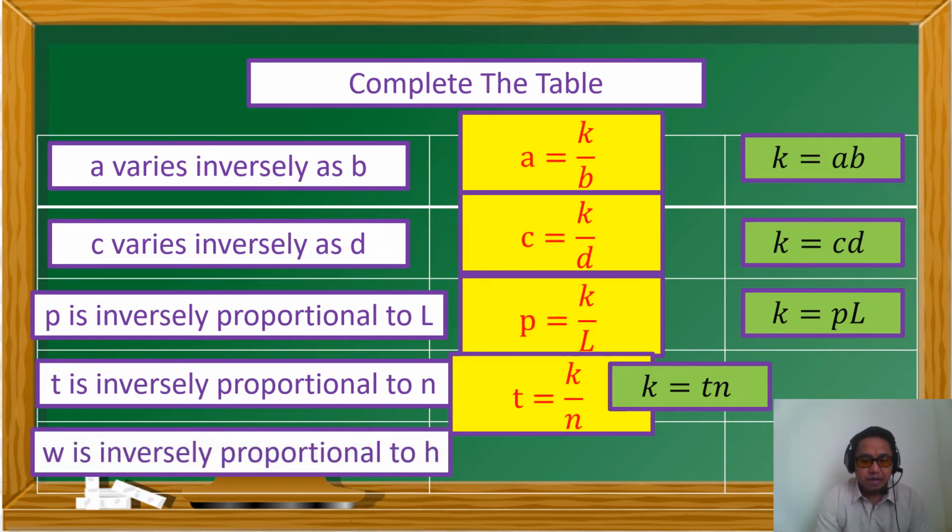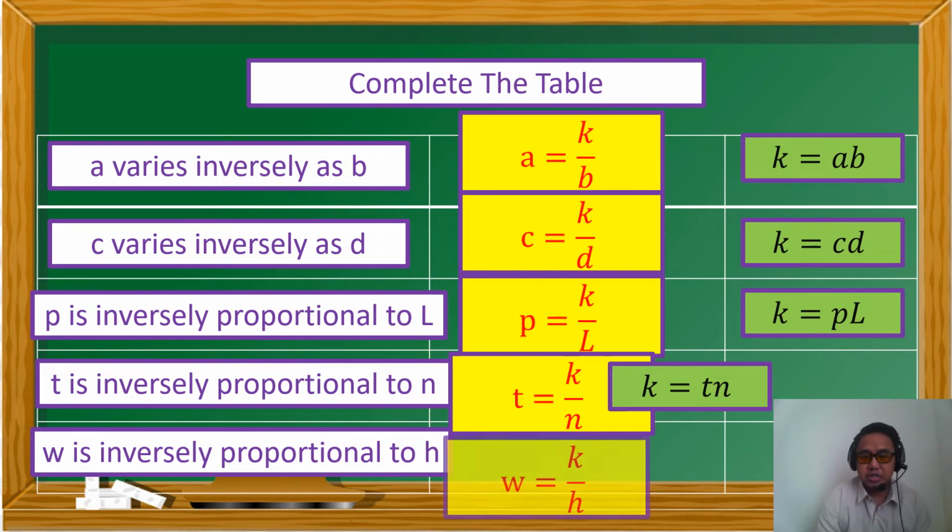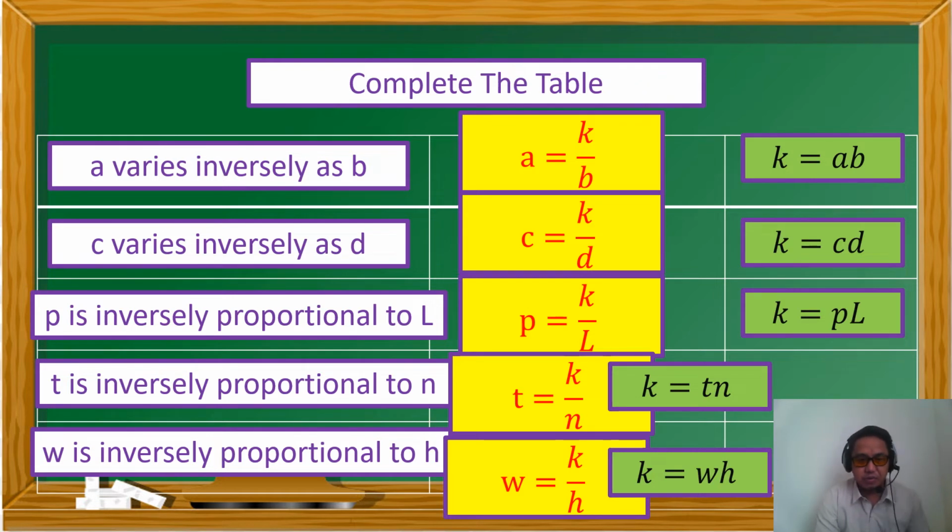The last one will be W is inversely proportional to H. In mathematical sentence, W is equal to K over H. And K is equal to the product of W and H. H times W, sorry. So, that will be the first knowledge that you have to learn in dealing with inverse variation.